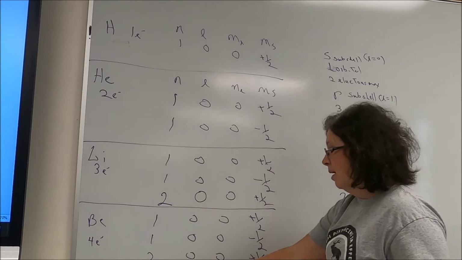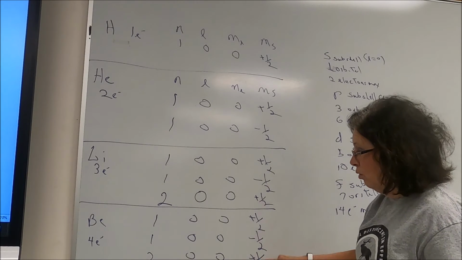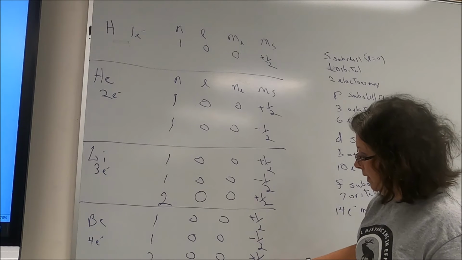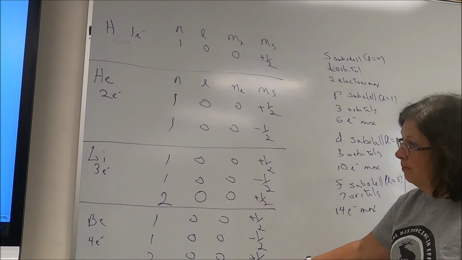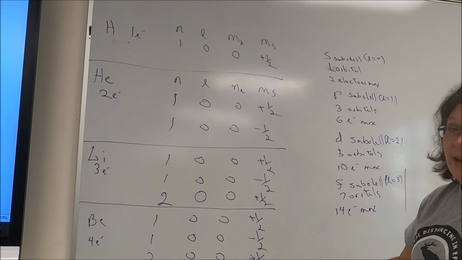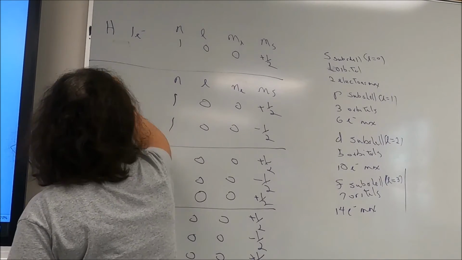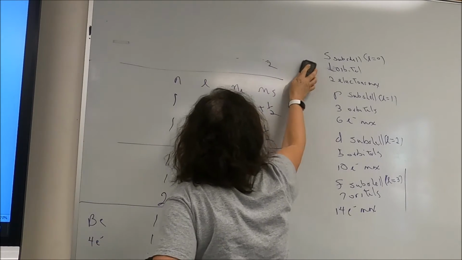Because the s subshell has 1 orbital, it can hold 2 electrons. One with up spin plus a half, one with down spin minus a half. Now, things get more entertaining when we get to the next element.